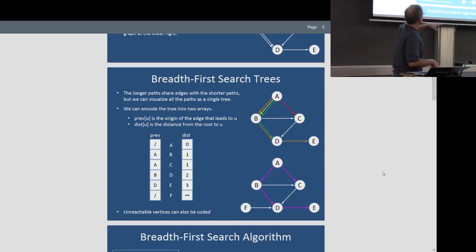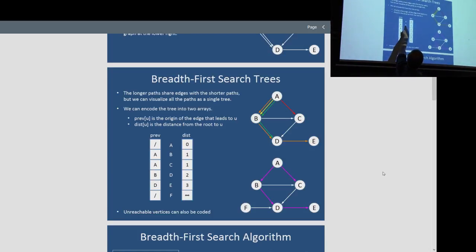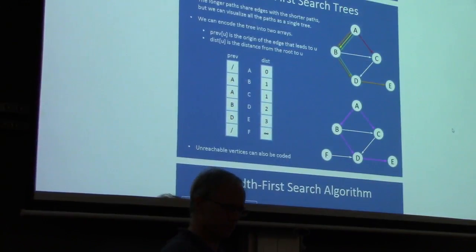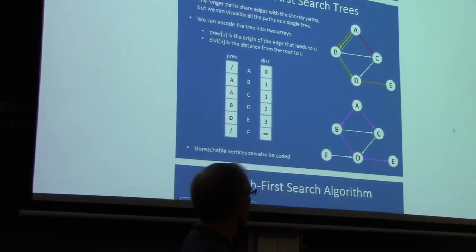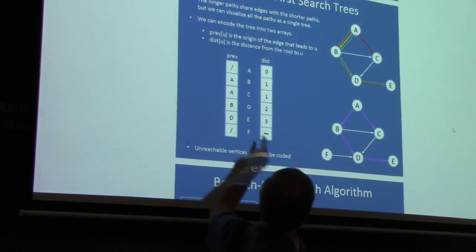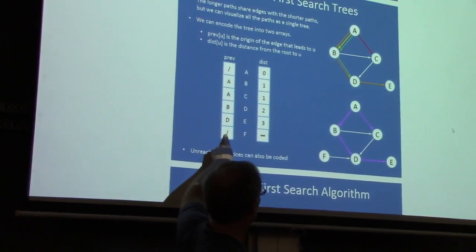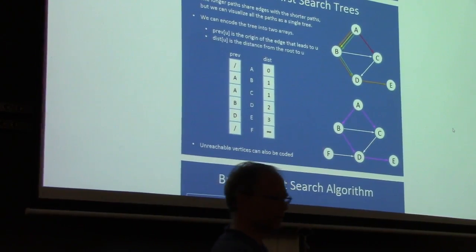Okay, so in this tree, what's the predecessor of B? A. You look in the previous of B and it tells you which vertex came before it in the shortest path tree. There is no vertex before A. The vertex before E was D, so you look in previous of E, you see D. And F, there's no way to get from A to F.